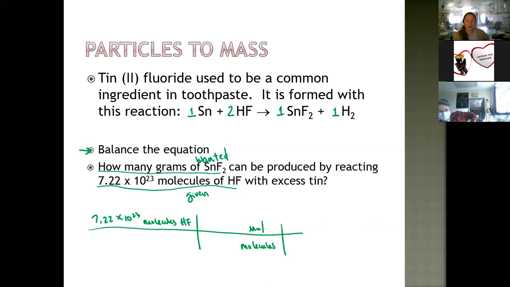What do I know about molecules and moles? What do we know about molecules and moles? We know 22.4 liters in 1 mole. How many molecules in a mole?